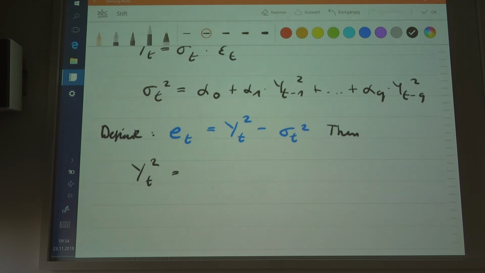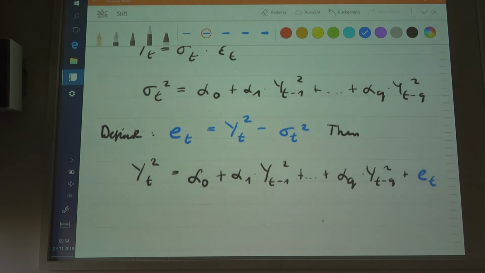So y_t squared is equal to alpha 0 plus alpha 1 times y_{t-1} squared, up to alpha q times y_{t-q} squared, plus e_t, and e_t is that little noise there.